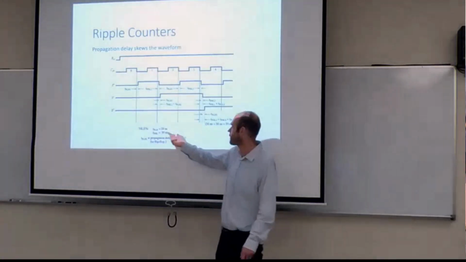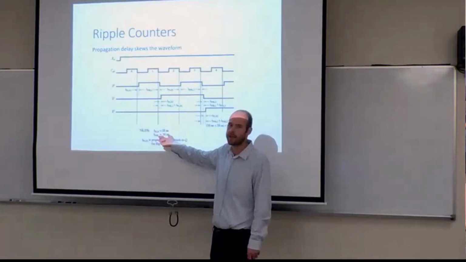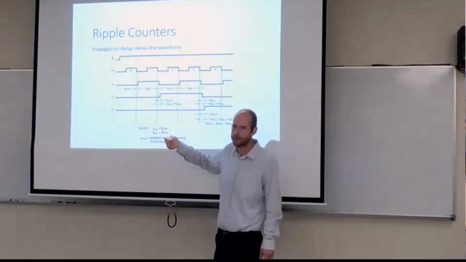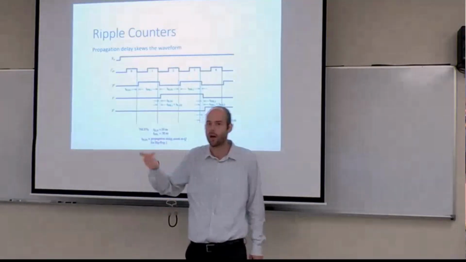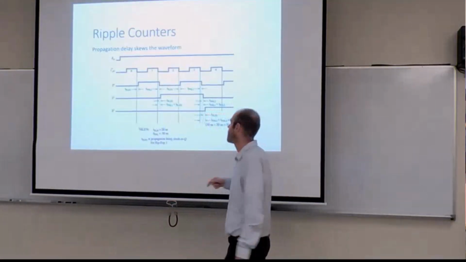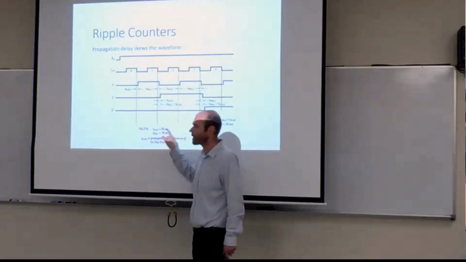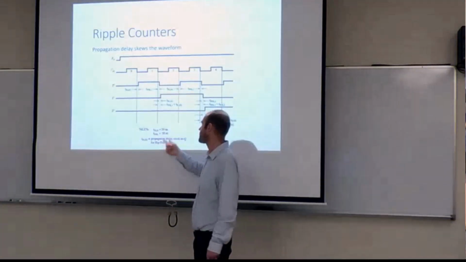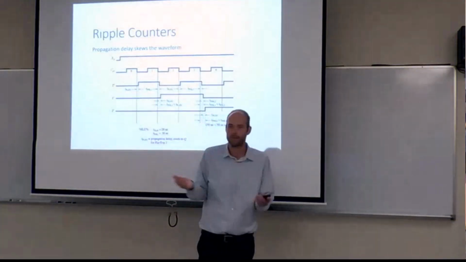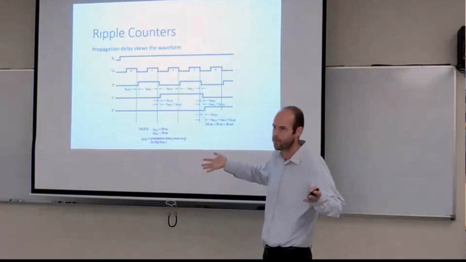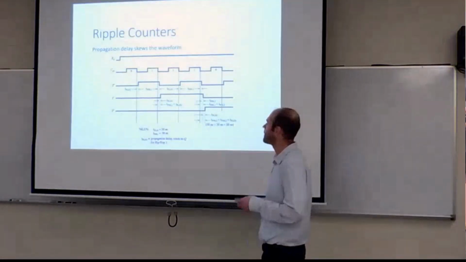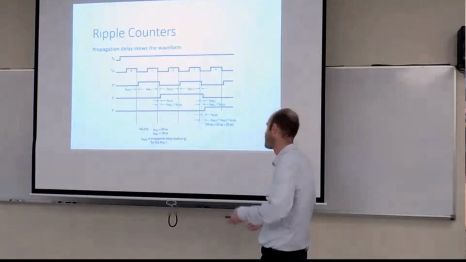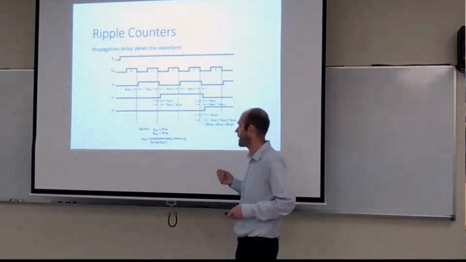So if you have a propagation delay of 30 nanoseconds, 1 over 30 nanoseconds is the fastest frequency that you can run one flip-flop. And 1 over the number of flip-flops times 30 nanoseconds gives you the maximum frequency for a ripple counter with that many flip-flops. So there's a relationship between how fast they can run and the propagation delay.